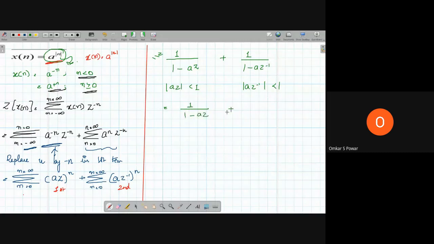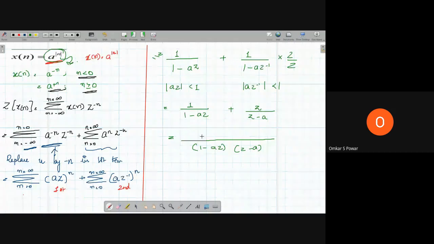For this term, I will multiply and divide by z. So I'll get z by z minus a. So you take the LCM here, which is 1 minus az into z minus a. So this one will be z minus a plus z. So this is your z transform.